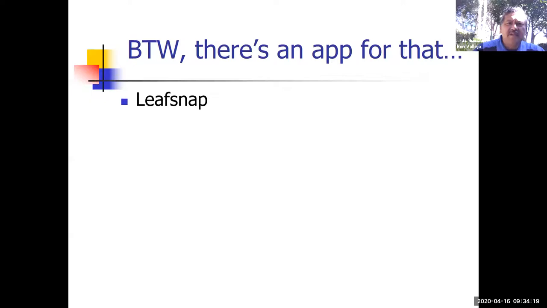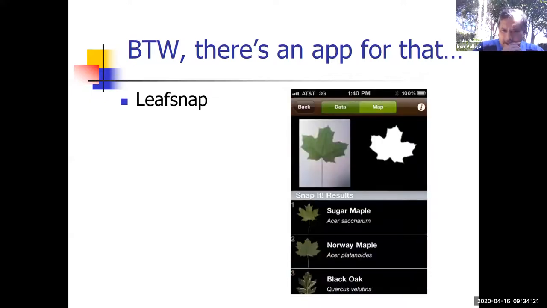So there's an app called Leaf Snap, which was made by a team at Cornell University in upstate New York. And what they did was they used the photo recognition characteristics of your phones to classify plants.